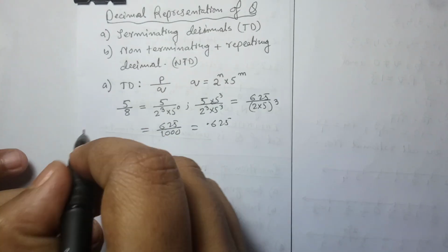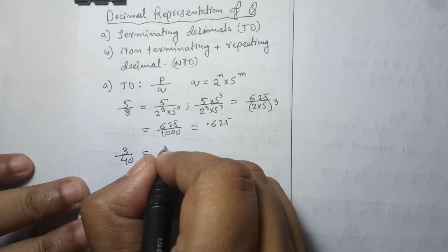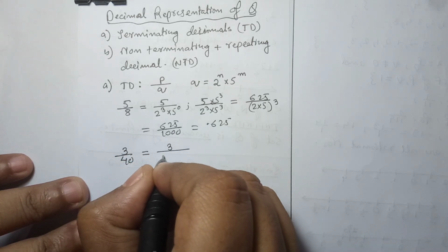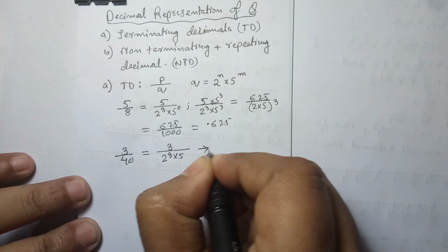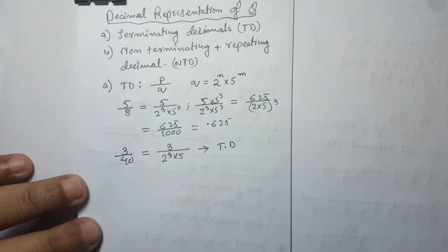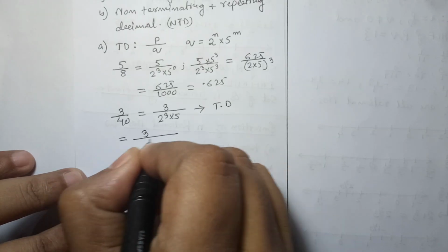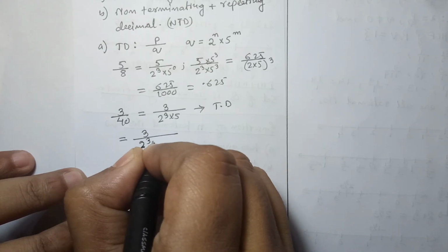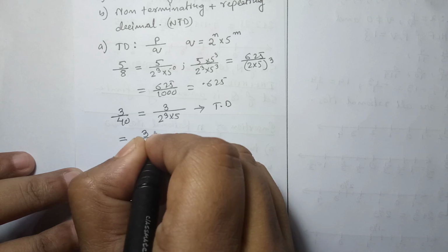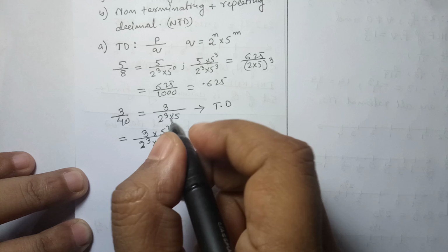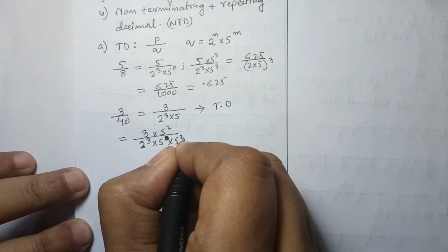If you have the example 3 by 40, so it is 3 divided by 2 cube into 5. So clearly this is a TD, terminating decimal. If you are asked to find the decimal representation of this, how can you find? 2 cube into 5 cube into 5 square, because here is 5, I'll just write it like this, 5 into 5 square.